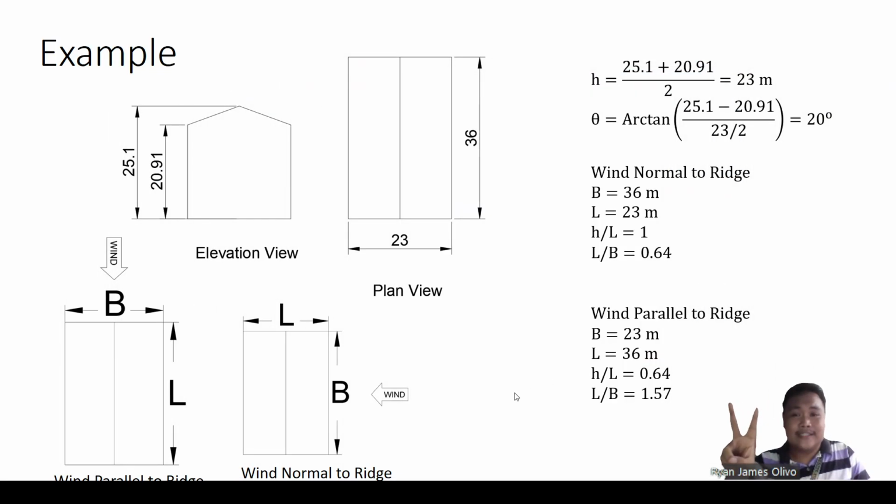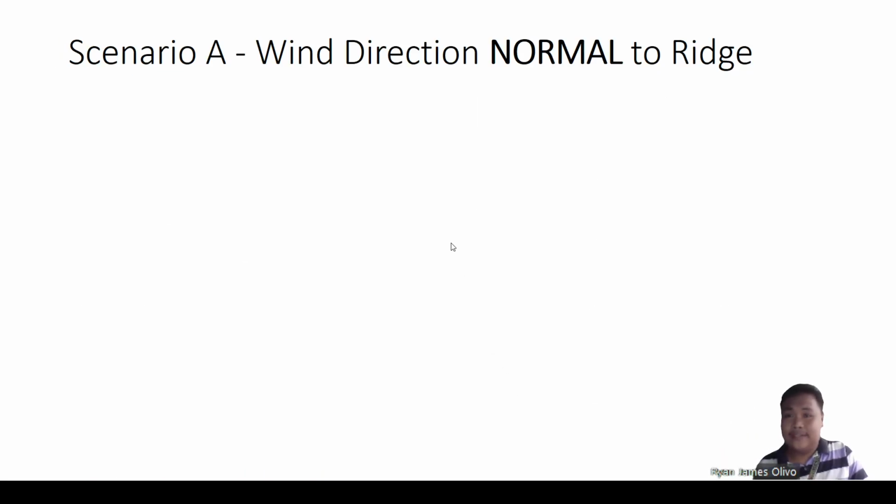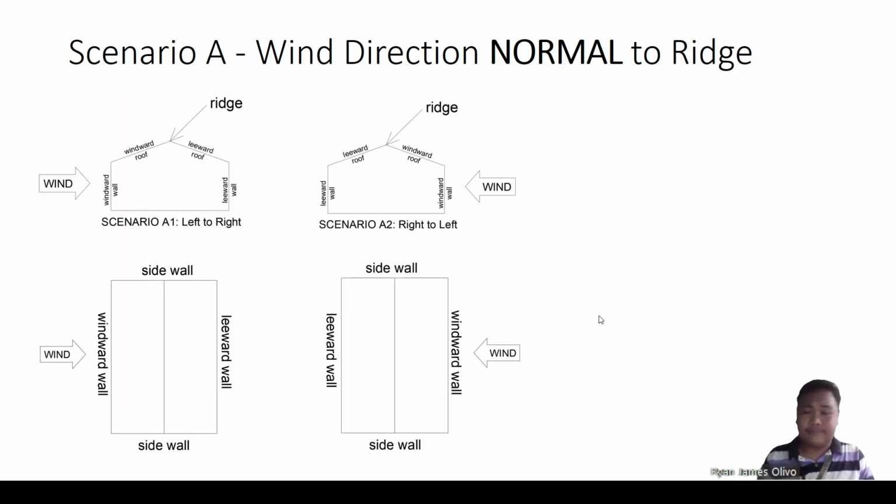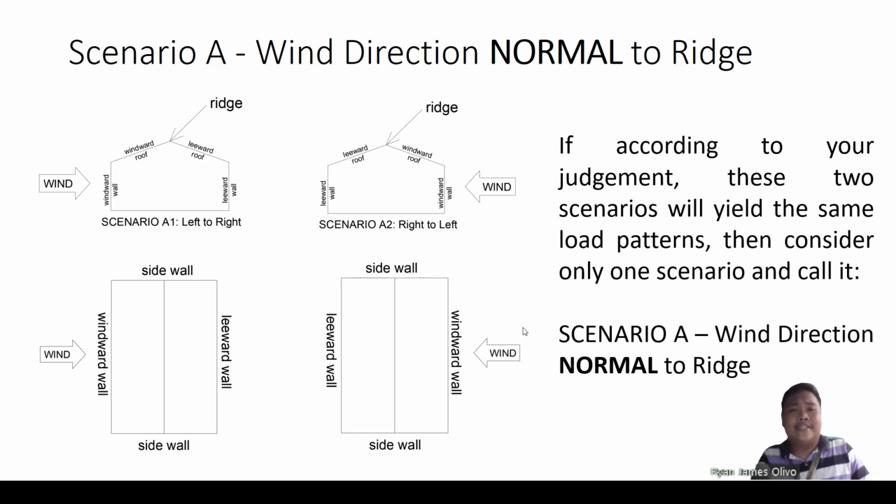And also, guys, before I go to the answer, I will first discuss this scenario A. As you can see, in wind direction normal to the ridge, we have two scenarios, scenario A1 and scenario A2, that is left to right and right to left. We really need to consider this, but if in your judgment, guys, this scenario is the same, just consider one.